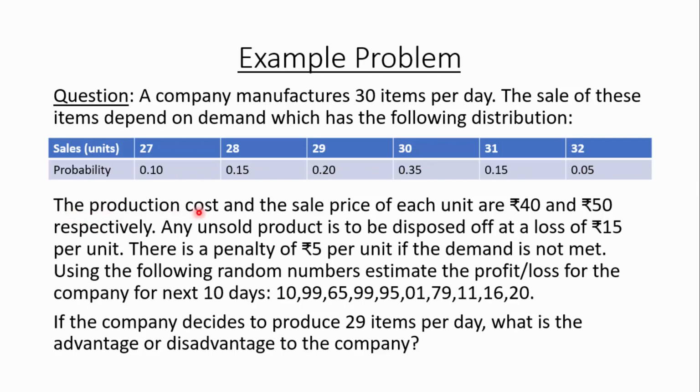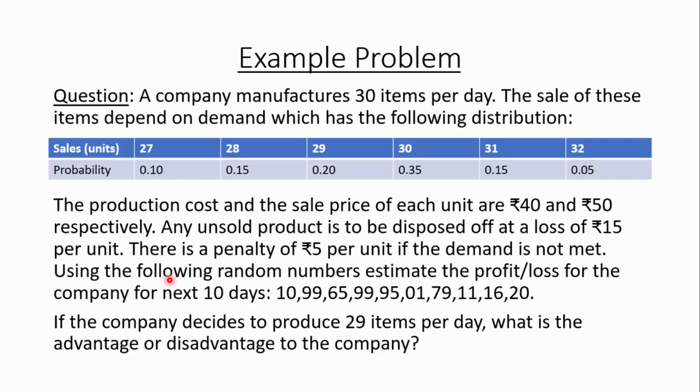Now the production cost and the sale price of each unit are rupees 40 and 50 respectively. Any unsold item is to be disposed of at a loss of rupees 15 per unit. There is a penalty of rupees 5 per unit if the demand is not met.